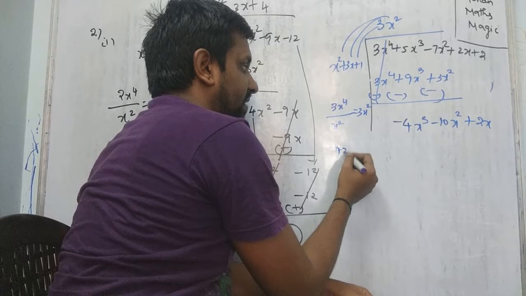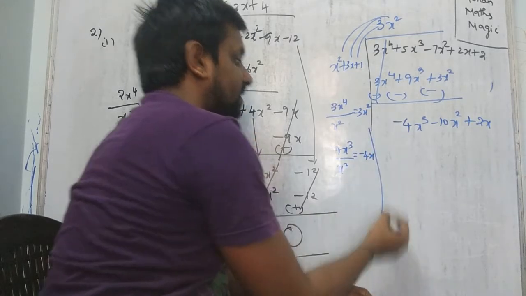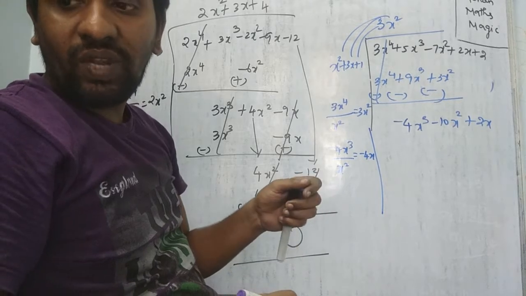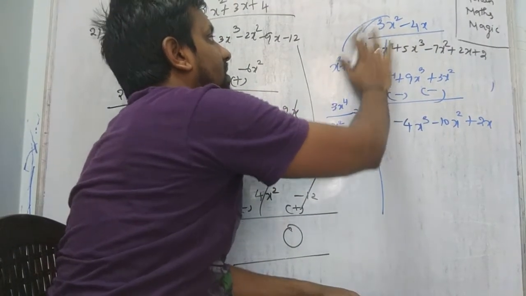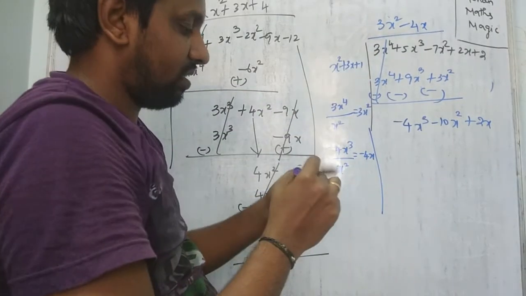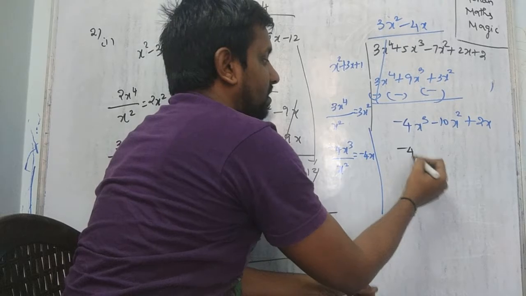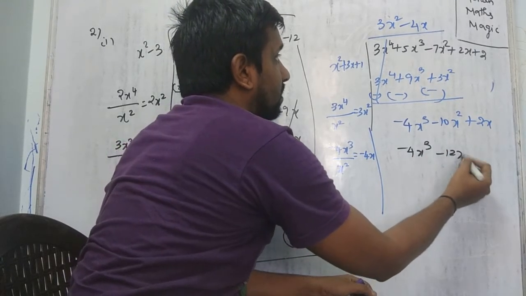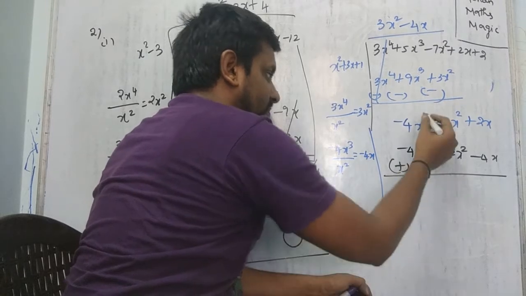Now again first term by first term. Minus 4x cube by x square, I got minus 4x. So put it on top. Now here is the arrow mark and then again multiply. x square into minus 4x, minus 4x cube, minus 12x square, minus 4x. Change the symbol.